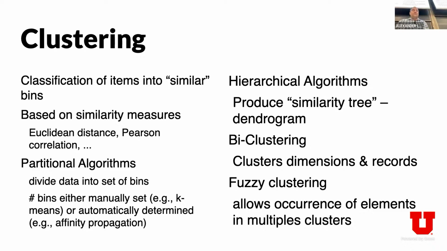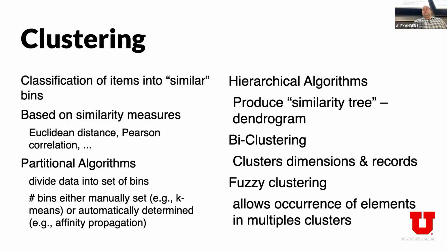The number of bins in a partitional algorithm can either be manually set, like in the K-means case, or it can be automatically determined. For example, affinity propagation or DBScan are partitional clustering algorithms where you don't specify the number of bins. You do still specify something else that probably correlates with the number of bins, but you don't set a hard number of bins.